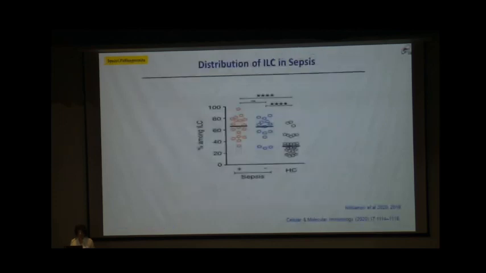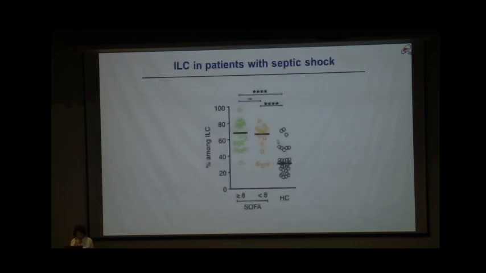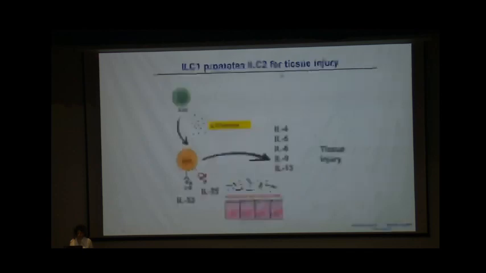In fact, there is a paper in 2020 and 2019 where people have measured ILCs in the blood, and with the healthy and the control, they found the increased one. Then they have even done it with the SOFA scores, and they found there was a significant difference with the SOFA, but less than 8 and more than 8, there was not much difference, but it was increased.